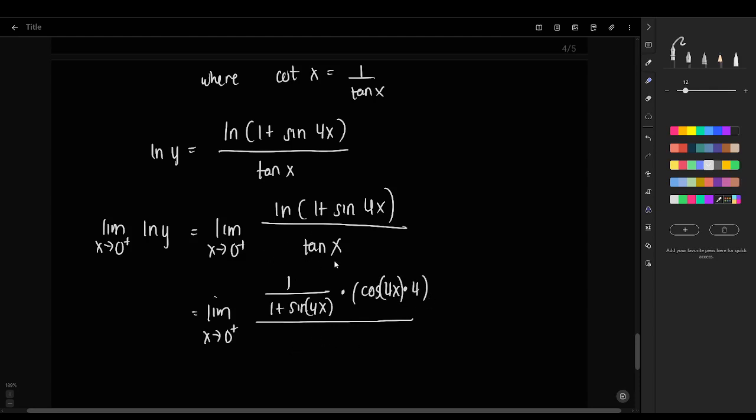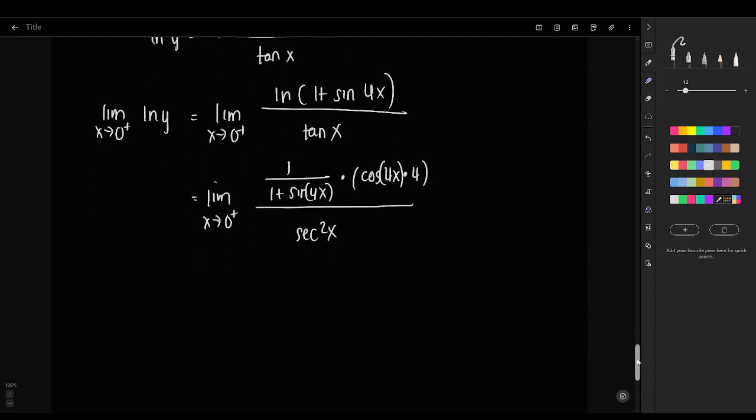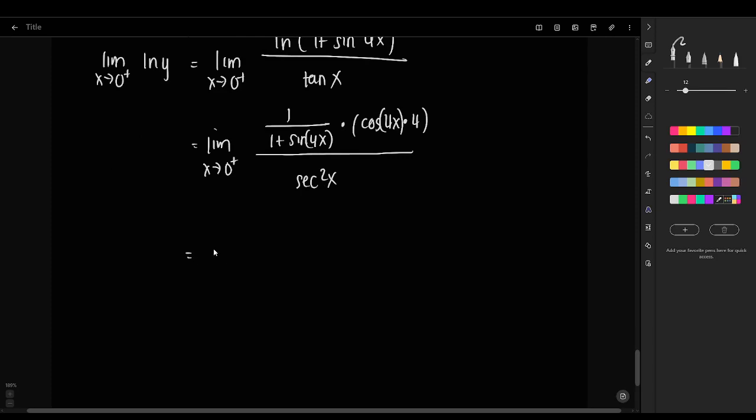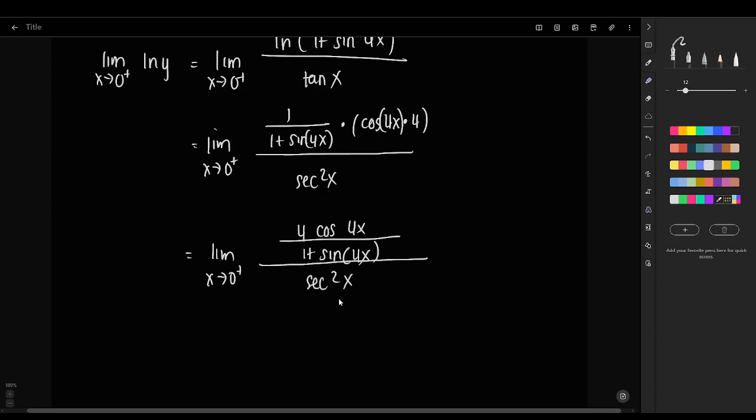All over secant squared x. So this is the limit as x approaches 0 from the positive side of 4 cosine 4x all over 1 plus sine 4x, and much longer fraction line, to signify the denominator and the numerator.